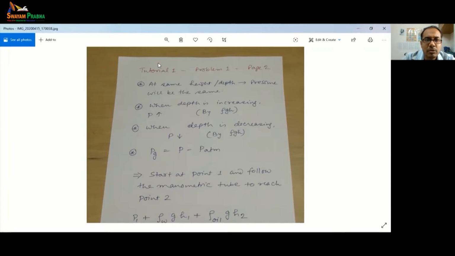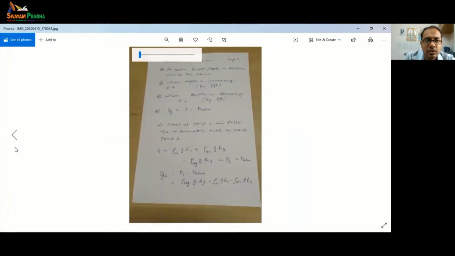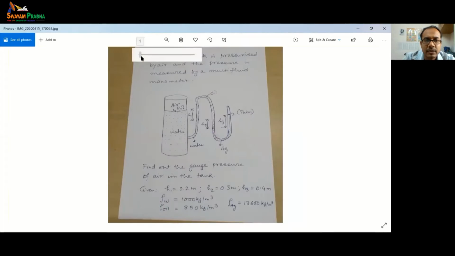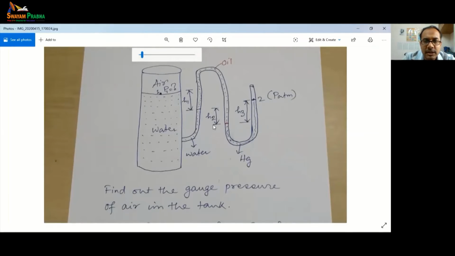If we go to our manometric tube and apply these concepts, we can see that both here as well as here in the tank, they are at the same height. So pressure at this point in the tank will be the same as pressure at this point in the tube.